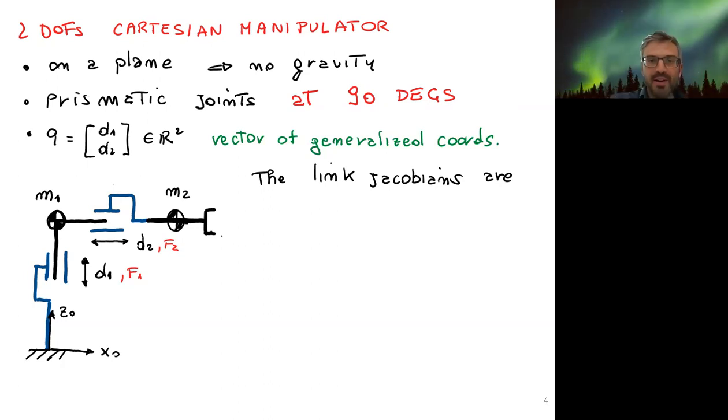linear and angular for the points that are at the center of mass of the two links.